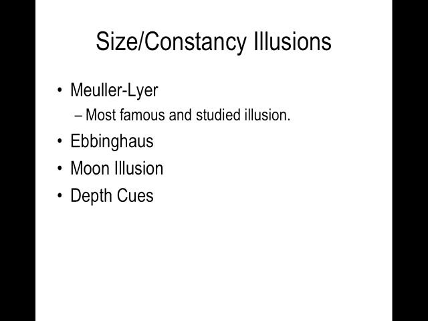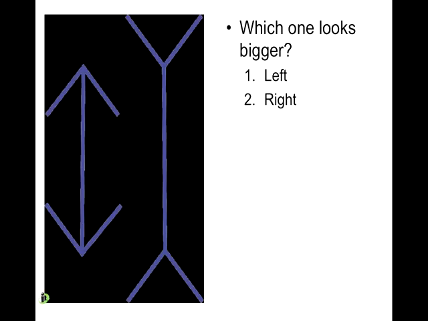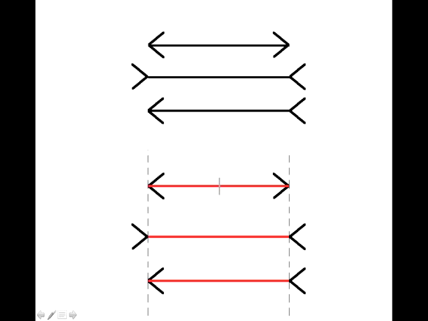So here's the Mueller-Lyer. If you ask people which line in the middle looks longer, most people pick the one on the right. And in reality, because everyone has seen this in an intro to psych, they're the same length. With the Mueller-Lyer, people interpret the whole picture together.